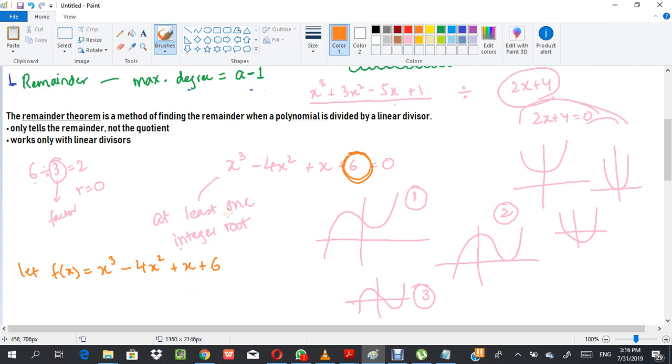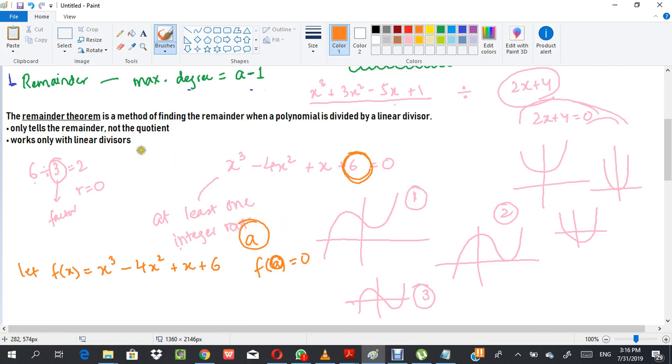Now what we'll try to do is to get a number such that if we substitute that number in this function, let's say that number is a, we are going to get f of a is equal to 0. In other words, this a would be a factor, right?